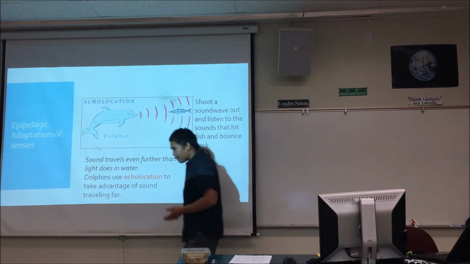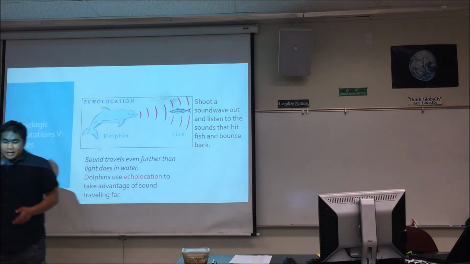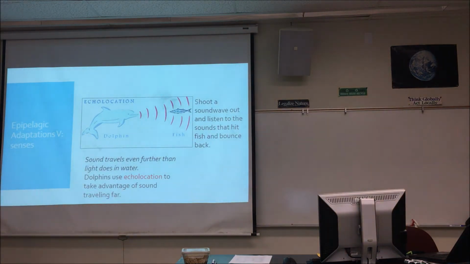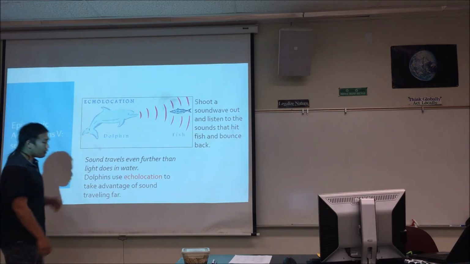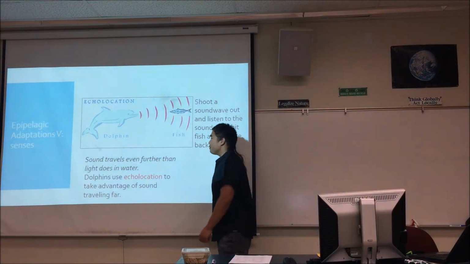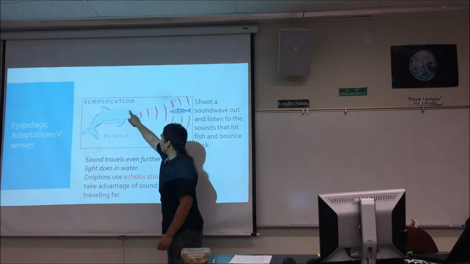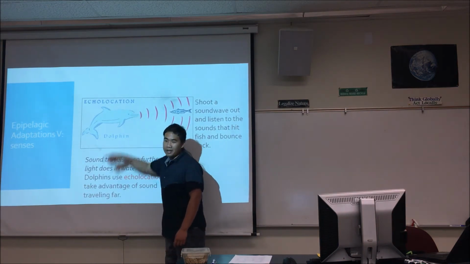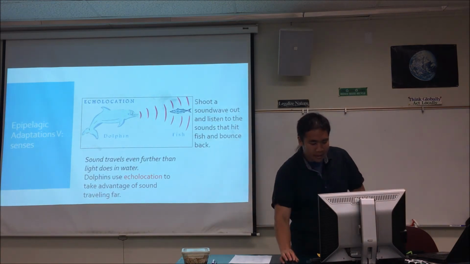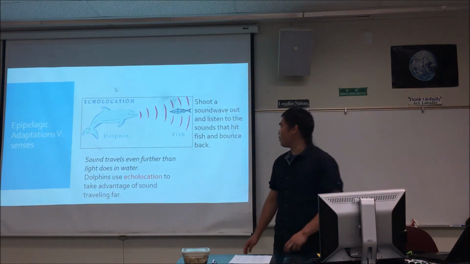Their eyes are okay, but they can see much further using sound waves instead. So some organisms have figured out that using sound greatly increases their ability to see. This is echolocation, what dolphins do, and now you finally know the reason why they have that big head. It's not a brain, it's actually something called a melon, which is probably involved in echolocation.